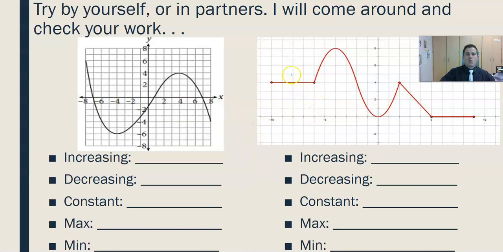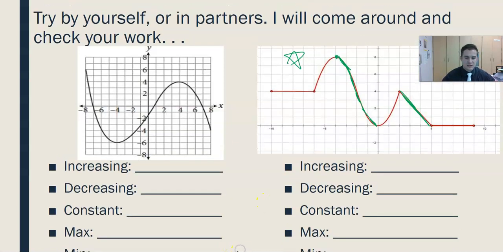Okay, let's do one more example. I want to do this example right here. Okay. So I'm going to mark wherever this graph is decreasing in green. So here's decreasing, and then I'm going to mark wherever this graph is increasing in red. So let me change to red here.